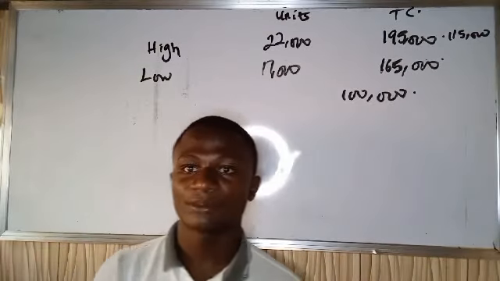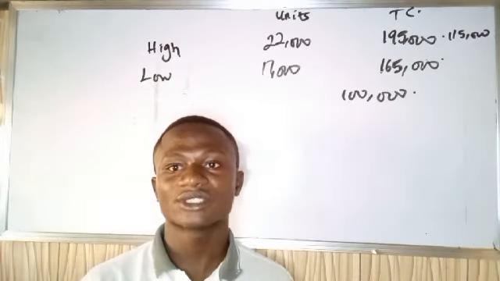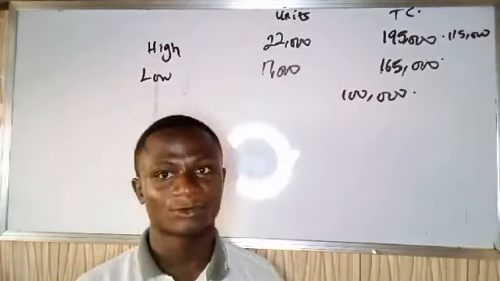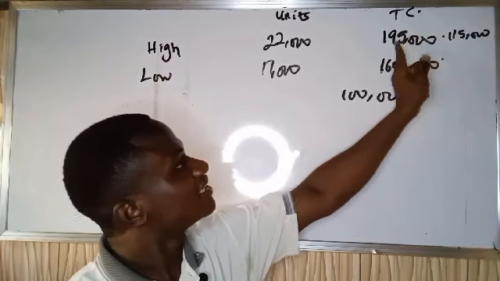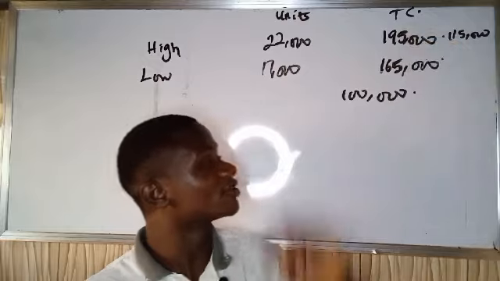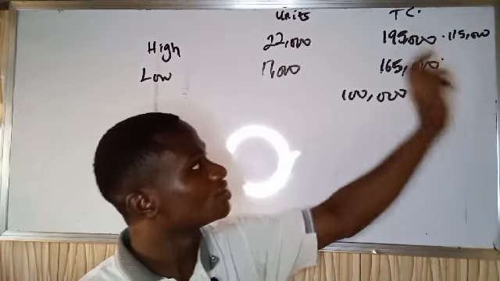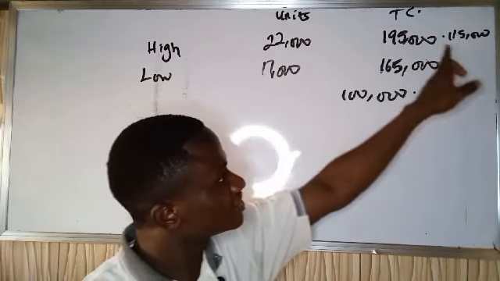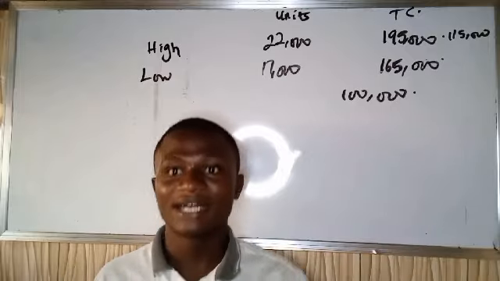There is a fixed cost when you are producing less than 19,000, and a fixed cost when you are producing more than 19,000. So if I'm subtracting 15,000 from this 115,000 to have 100,000, definitely I am bringing this 115,000 to the lower fixed cost.